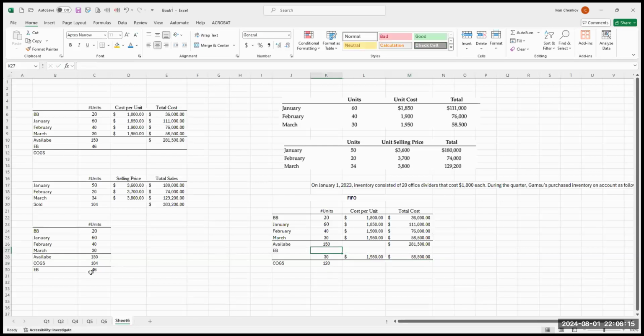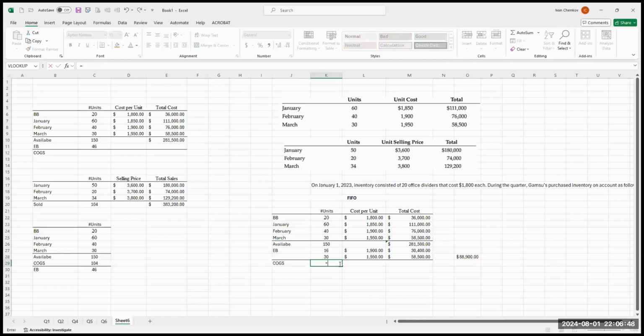Then I need another 16 to make it 46. Those 16 are going to come from the second last purchase, which cost per unit was $1,900. And that cost me 30,400. So the total cost of my ending inventory is $88,900.